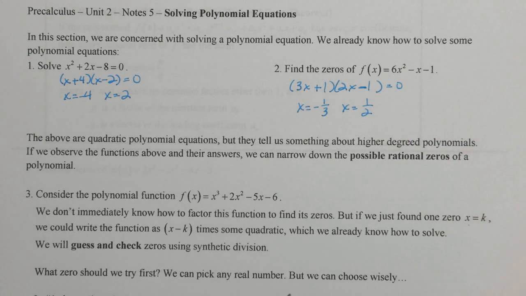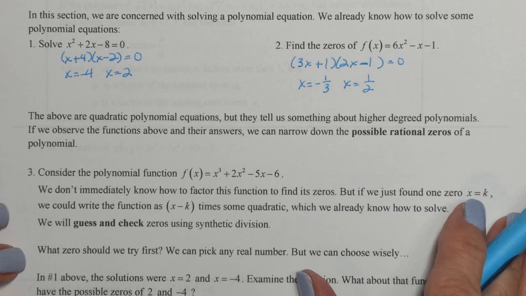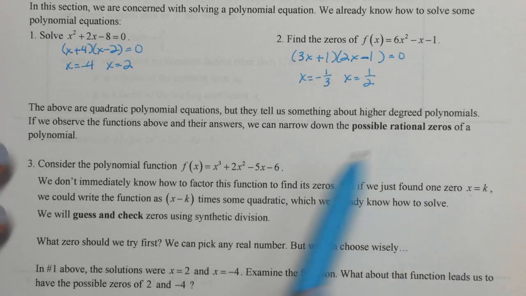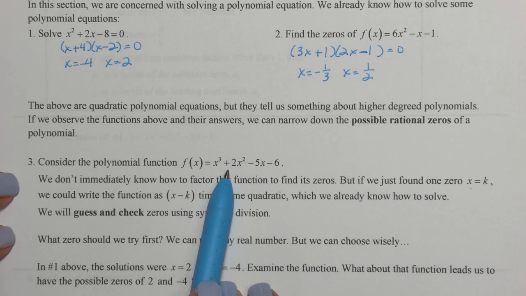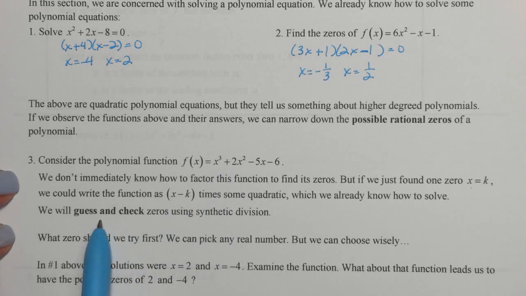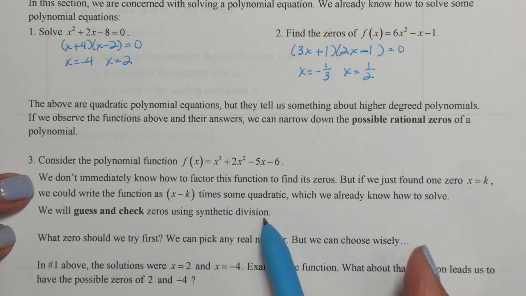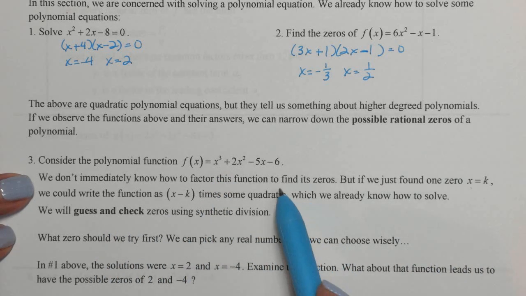All right, so when we solve equations of degree greater than 2, like this one, we're going to be using a guess and check method. Okay, we're going to try to find one zero using guess and check.